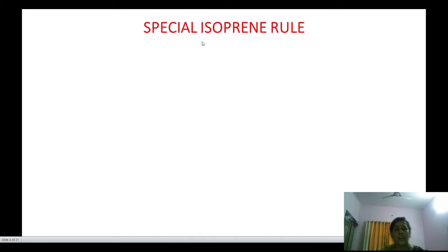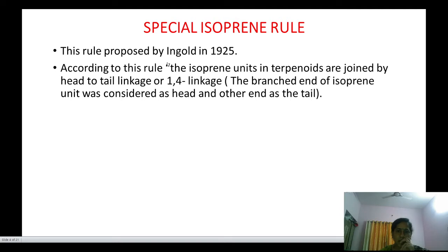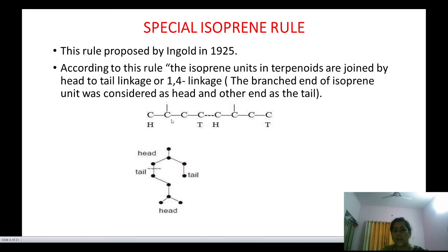Now, we are going to see the special isoprene rule. This rule was proposed by the scientist Ingold in 1925. According to this rule, the isoprene units in terpenoids are joined by head to tail linkage, or 1,4 linkage. That is, the branched end of the isoprene unit is considered the head and the other end the tail. Its representation is here.